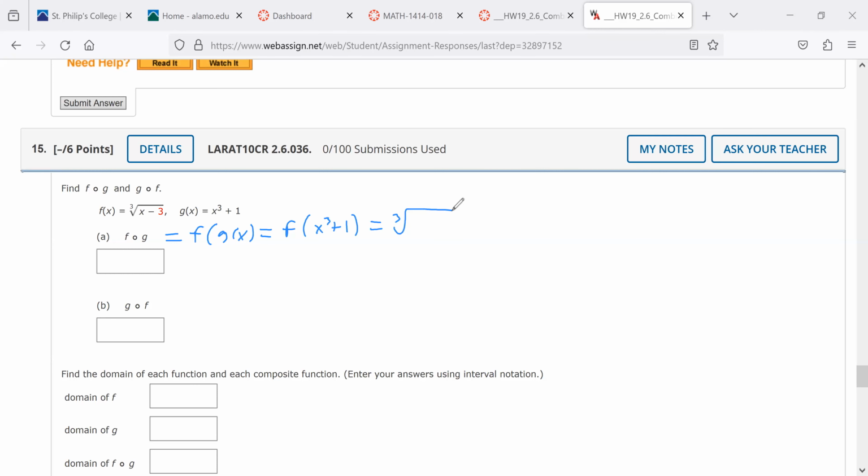So that will be x cubed plus 1 minus 3, x cubed minus 2, right? That's all we can do.